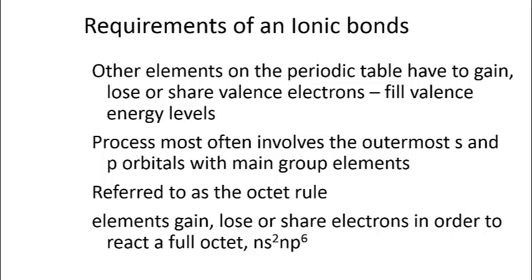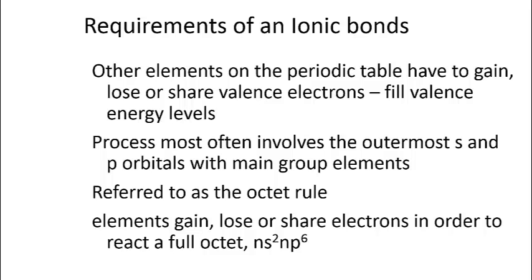All other elements on the periodic table have to gain, lose, or share their valence electrons in order to fill their valence energy levels in order to become stable. In chemical reactions involving the main group elements, this process often involves the outermost s and p orbitals, since those are the last orbitals to be filled in the main group elements.